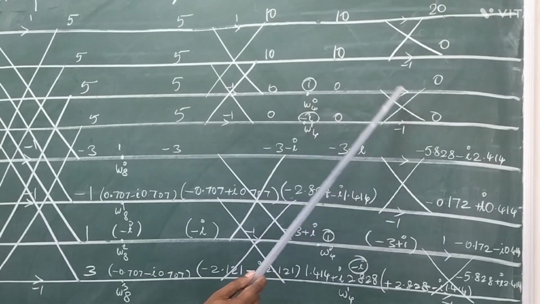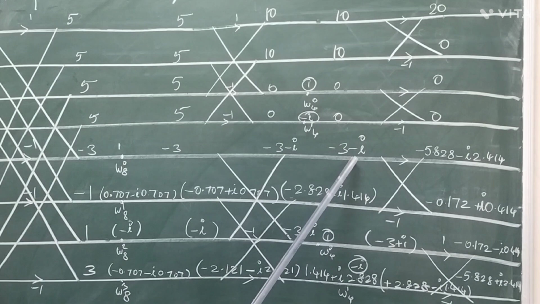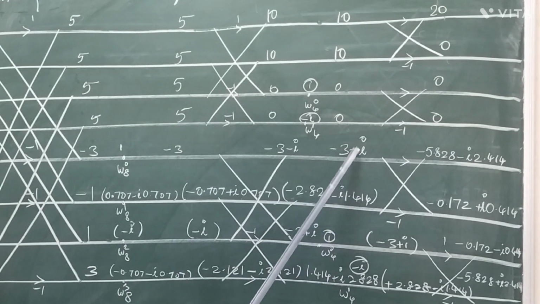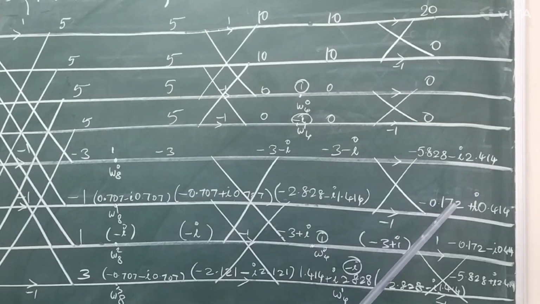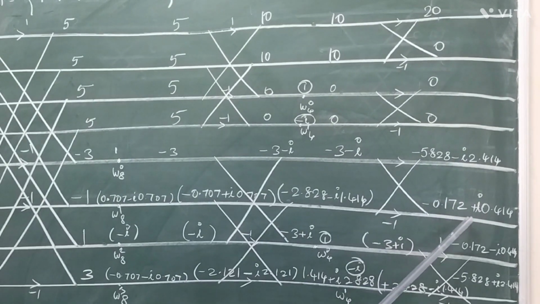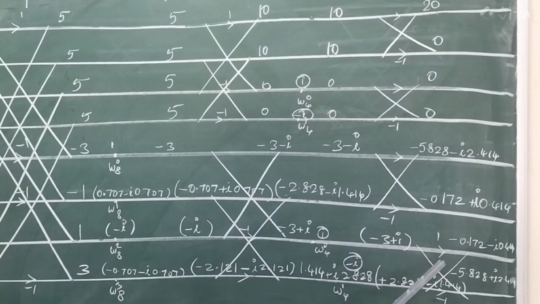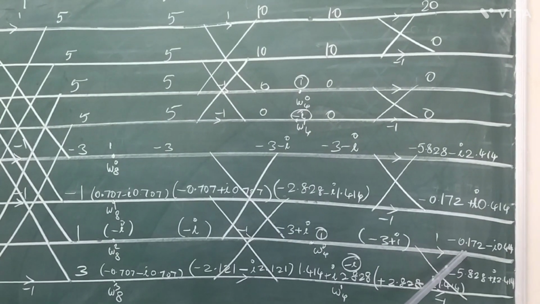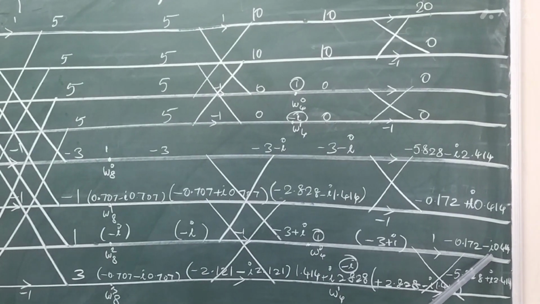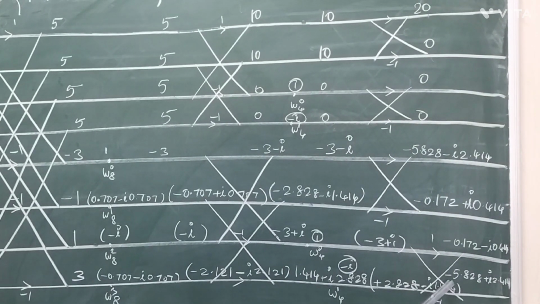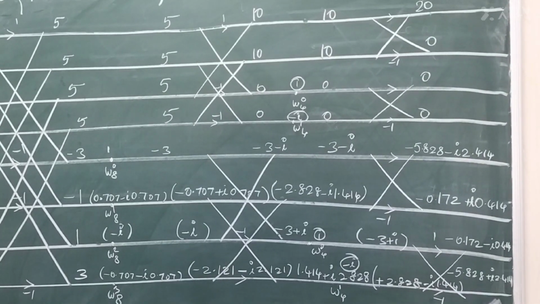This one 0 plus 0 is 0, 0 minus 0 is 0. For this, adding these 2 input samples gives minus 5.828 minus j 2.414, then minus 0.172 plus j 0.414, and adding this one gives minus 0.172 minus j 0.414, and the last sample is minus 5.828 plus j 2.414.